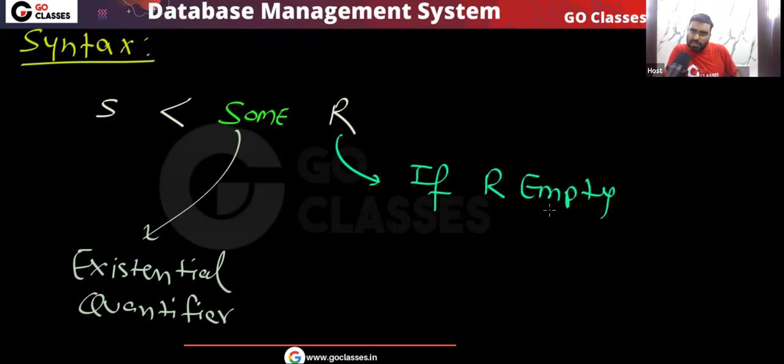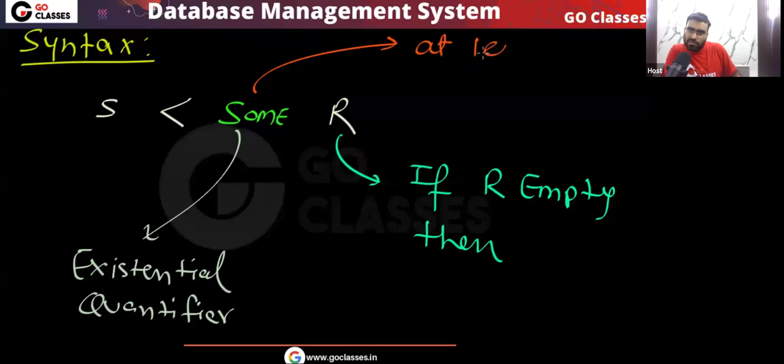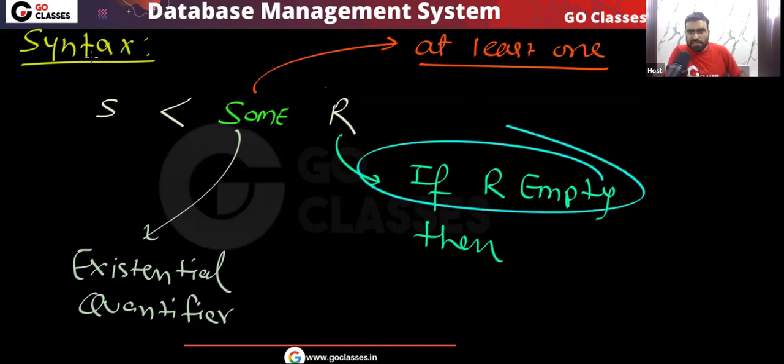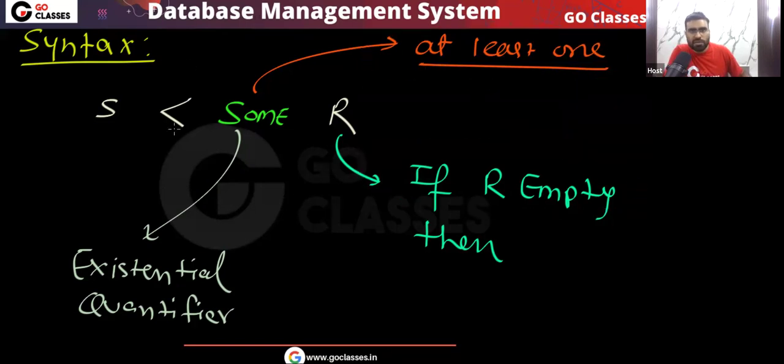If this R is an empty table, then this will be false, because some means at least one. Now if R is empty, can you have at least one? No. So if R is empty, then this some is always false.